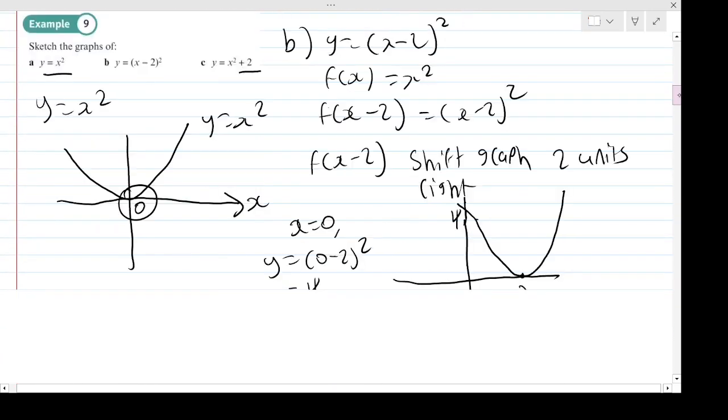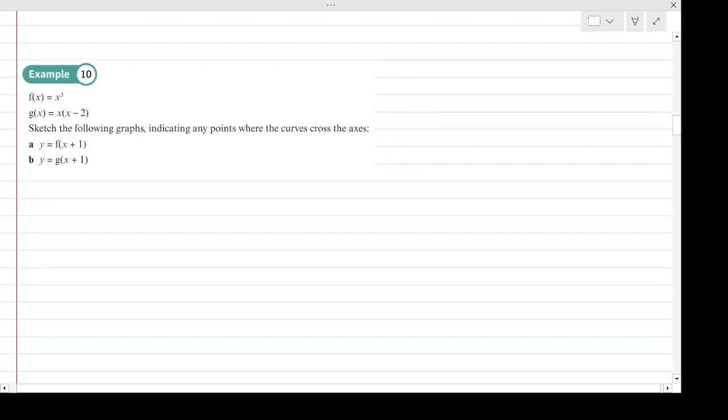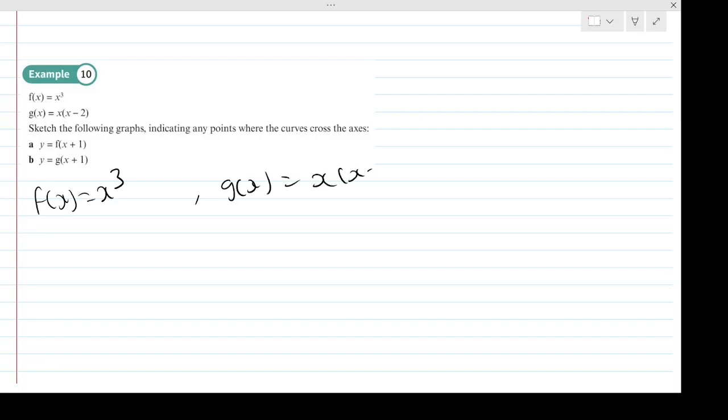So hopefully you've started to build a sort of vague idea now, but let's have a look at more examples to hone in on this. So we're given f of x is x cubed, and g of x is x times x minus 2. We want to sketch the following graphs, indicating any points where it crosses the axis. So firstly, it wants us to sketch y is f of x plus 1. Well, again, notice hopefully this is going to be a transformation.